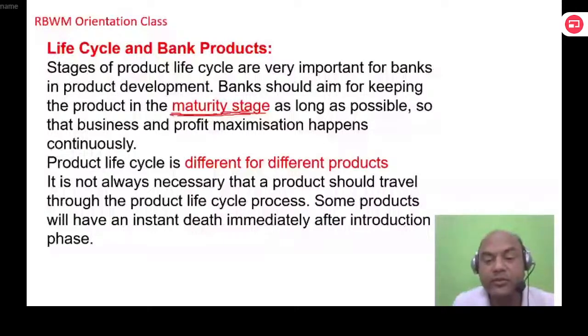Product life cycle is different for different products. It is not necessary that all the products should travel through the PLC. Means all of them will not travel. As I told you earlier, some products will move from introduction directly to decline. Some products will have instant death immediately after introduction, right?